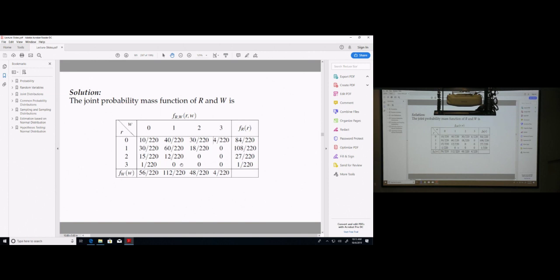Now, once you have this, then you need to check whether they are independent: the random variable number of reds and number of whites. Of course, you can check by multiplying this number and this number together and checking whether you get this. So this is one way, and then you check every entry here.